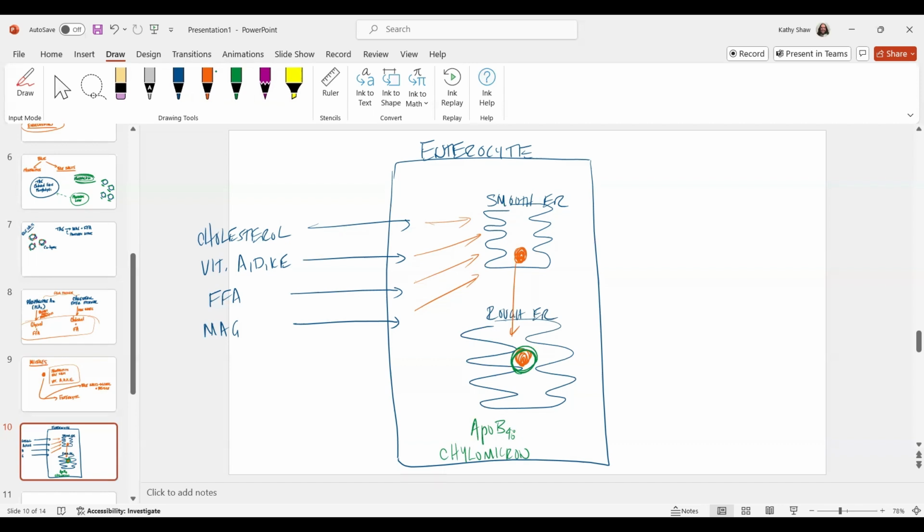What we're going to do with that, which is different, rather than shipping that off to the bloodstream, it's going to go off to the lymphatic capillaries. So it's going to go off to lacteals. So it's going to travel through the lymphatics to the thoracic duct.